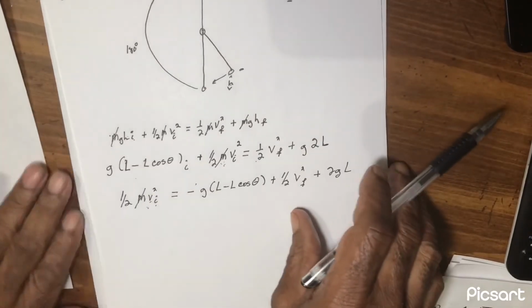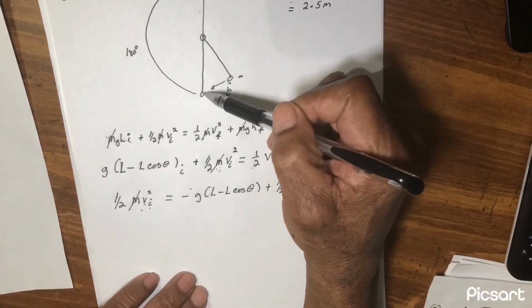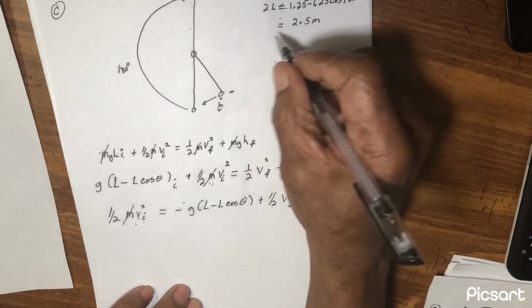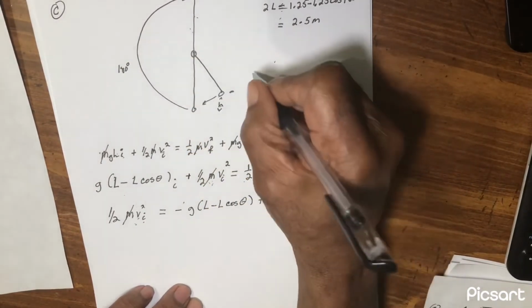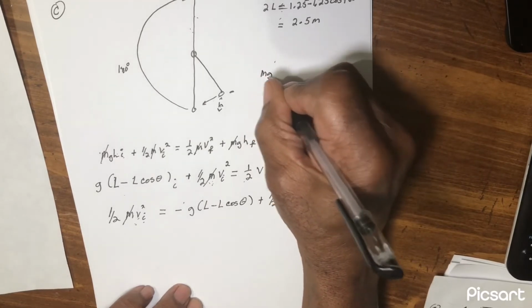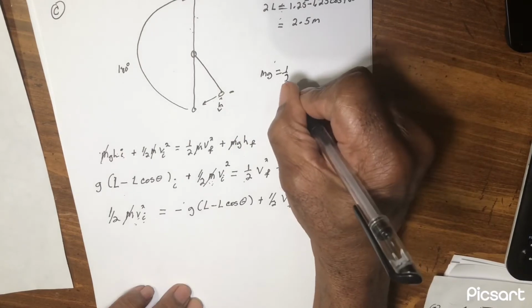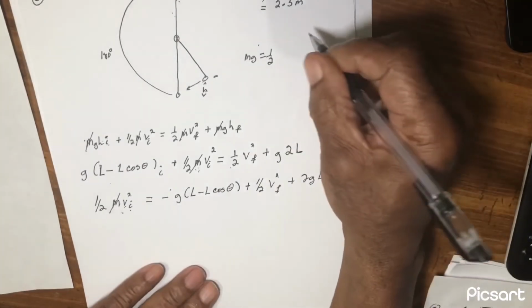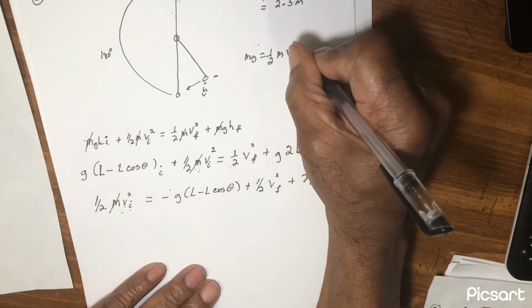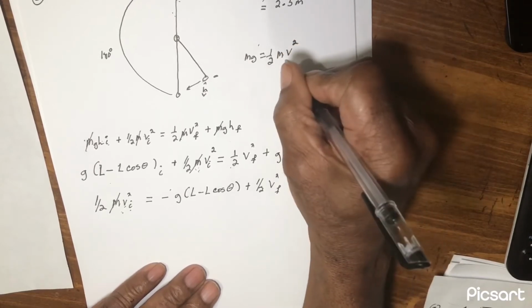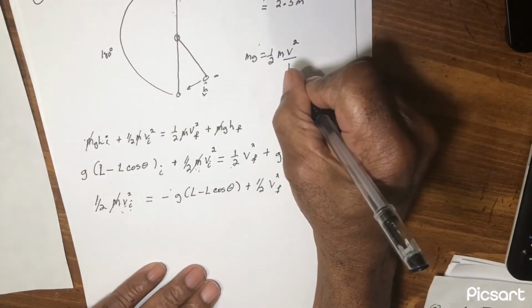So for that to happen, this must equal mg. So mg, that's this rope here, is equal to mv squared over r, which would be L in our case.